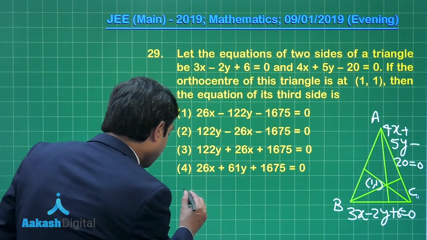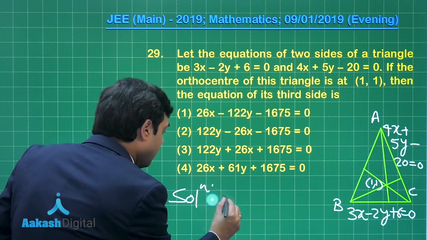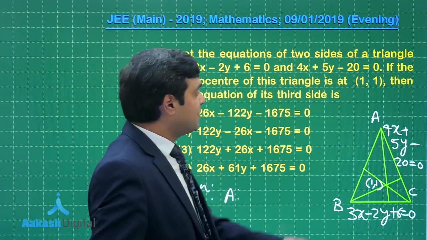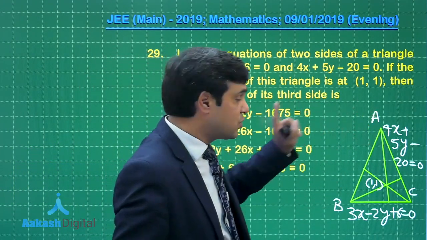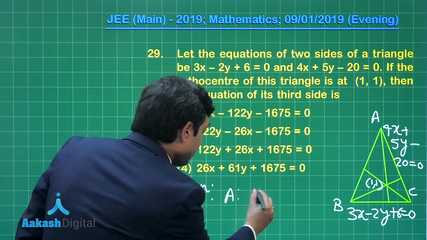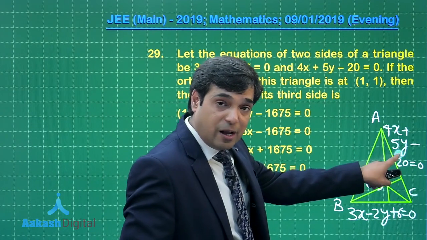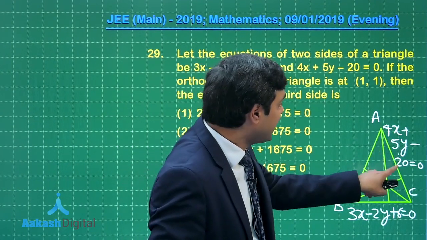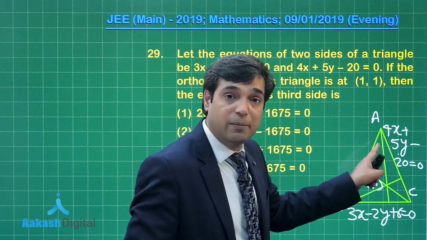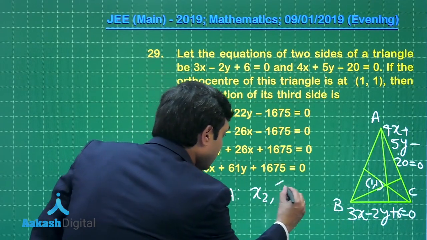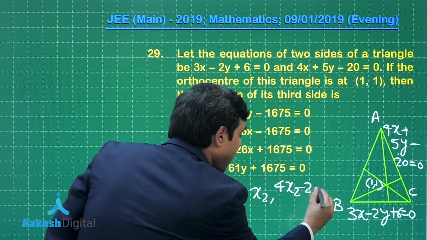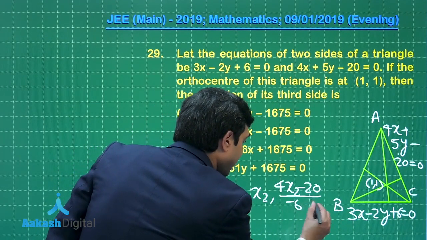So we can write here, let's start with point A. Say this is simply x2. So we can write here x2 comma y, which can be obtained in terms of x as 4x2 minus 20 divided by minus 5.